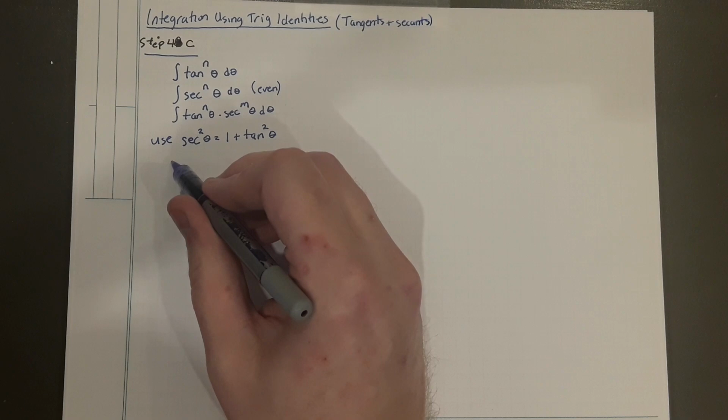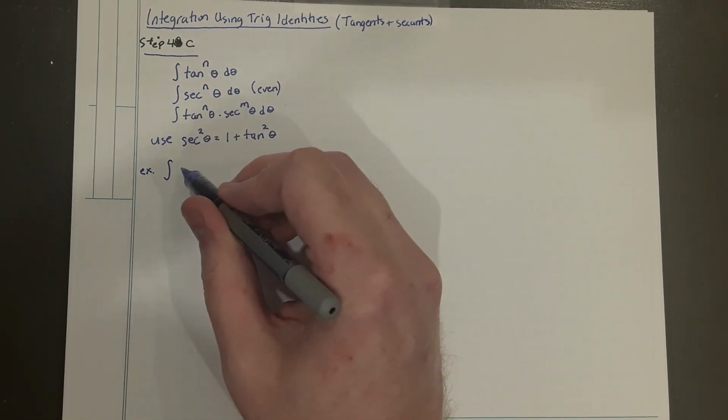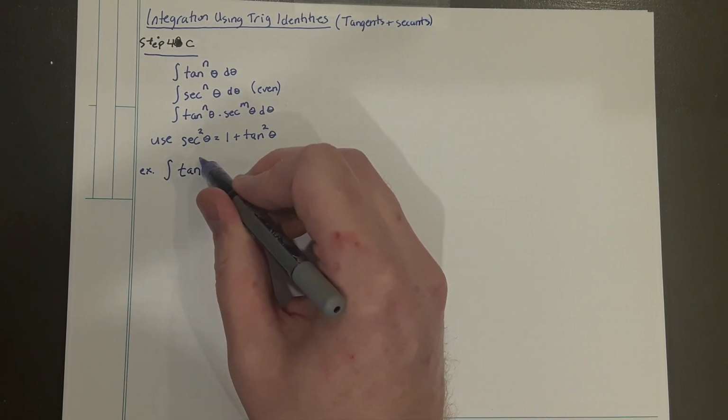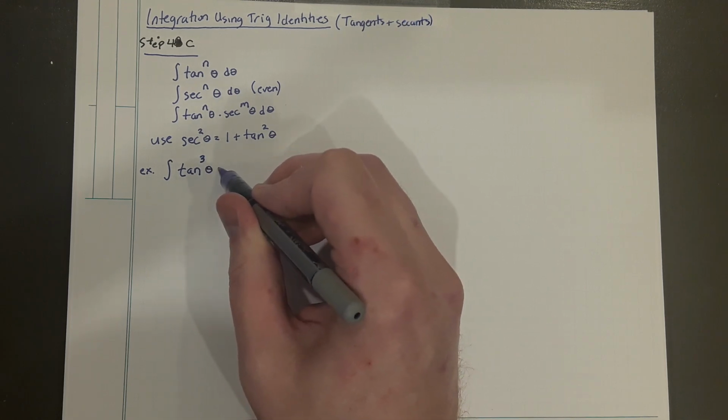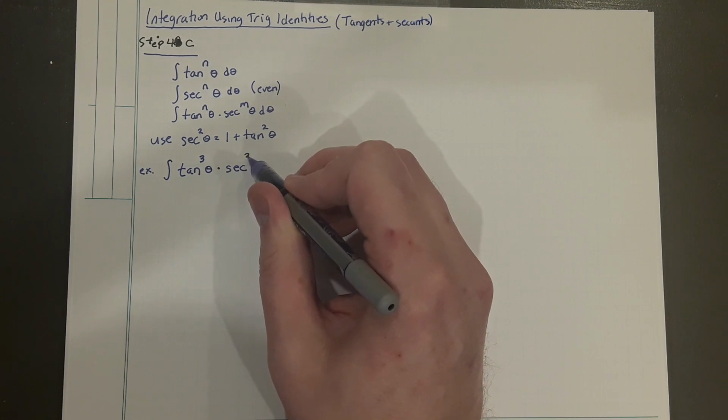And so if you had, for example, something like this, determine the integral of tangent power 3 times secant power 3.